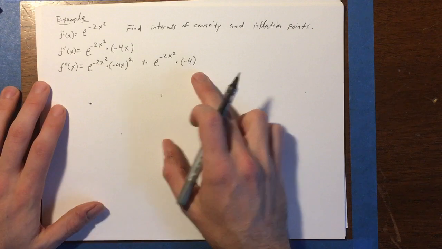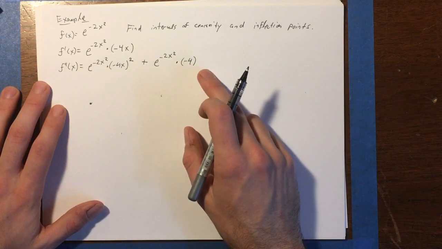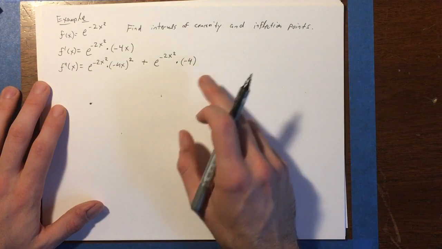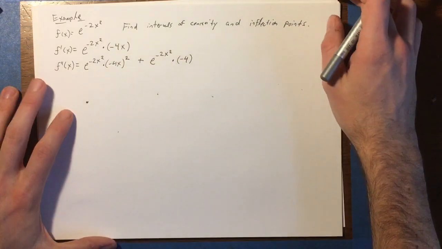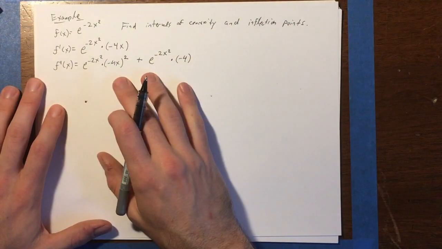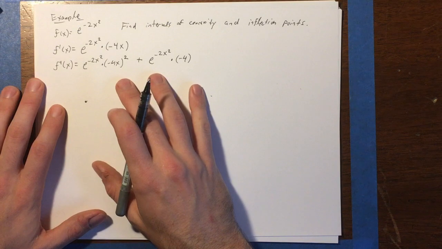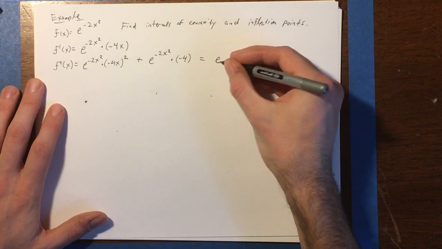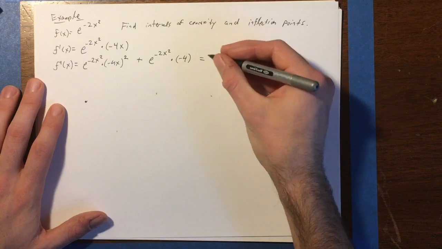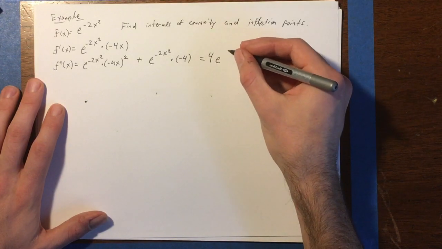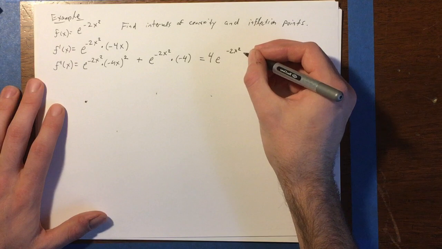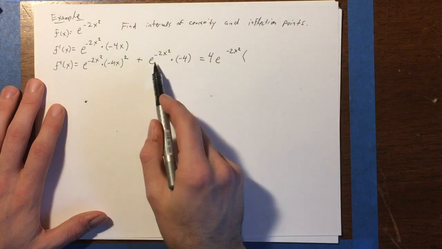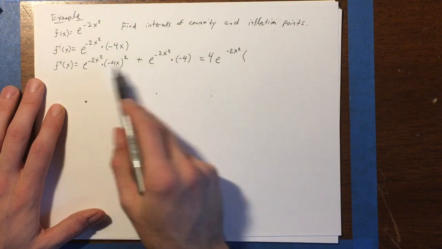So now, since we're going to try to figure out where f double prime is either 0 or undefined, in this section, it now makes sense for us to simplify this as much as we can. So I am going to simplify this by factoring out e. Actually, let's factor out 4 e to the power negative 2x squared. So I'm taking out the e to the negative 2x squared since it's in both of these.